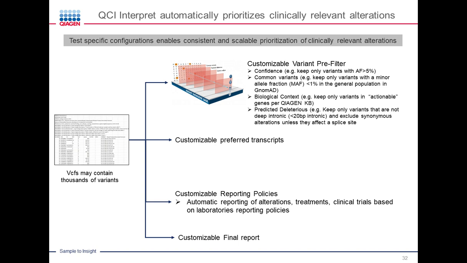As panels are becoming increasingly larger, customers are challenged by the increase in detected mutations, interpretation of more biomarkers, and an increase in novel variants. Customers are commonly receiving VCFs from the secondary pipeline that may contain thousands of variants.